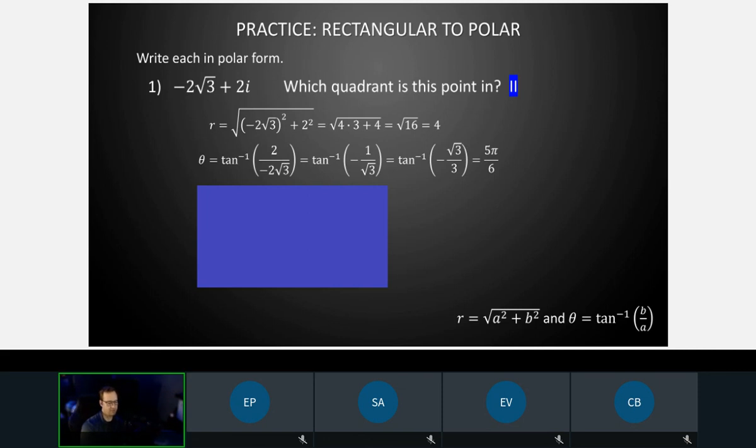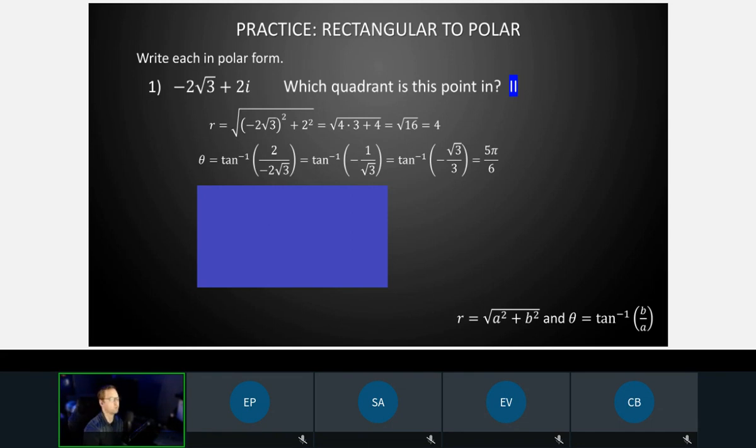Now, here's the problem, Emily. What quadrant is 11pi/6? It is in quadrant number 4. But we should be in quadrant number 2. So all we have to do is add something to it or subtract something from it.